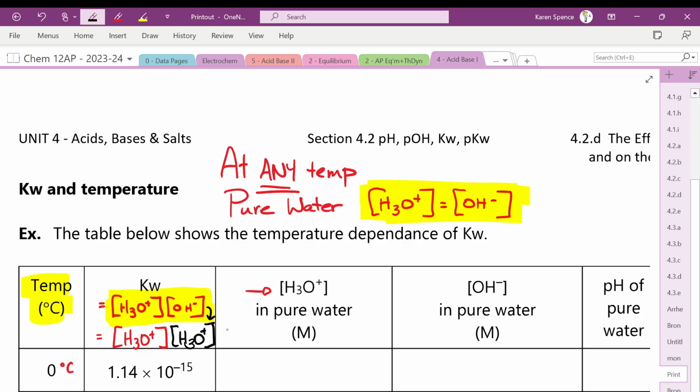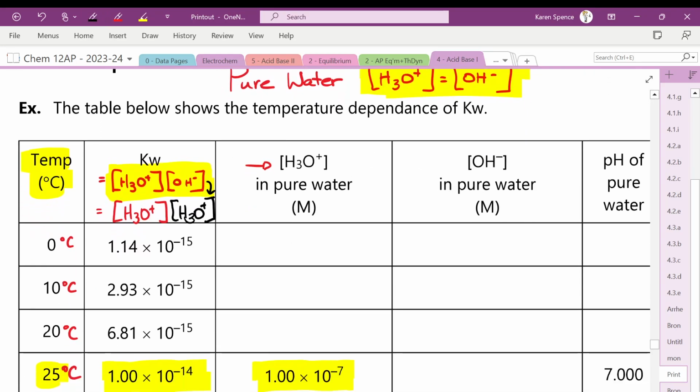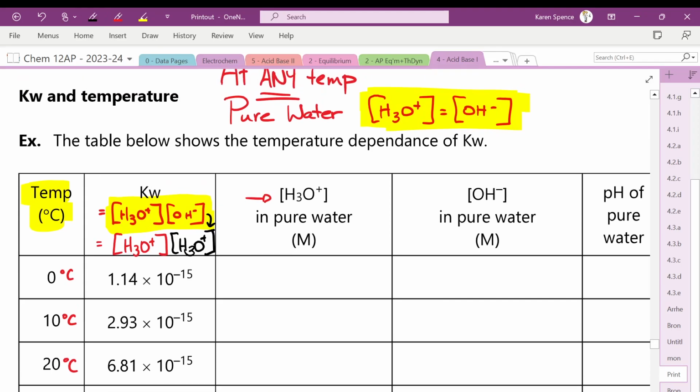Okay, I think I've gotten around to a lot of you. If you have not yet figured it out, though, we're going to just talk through it real quick because we have here in pure water, H3O plus is the same as OH minus.